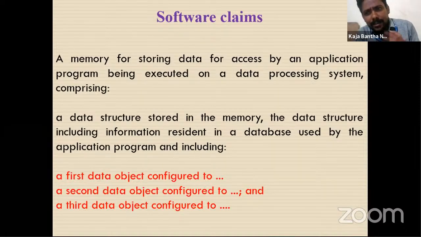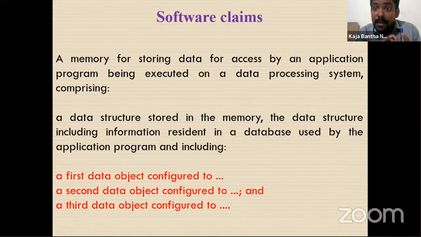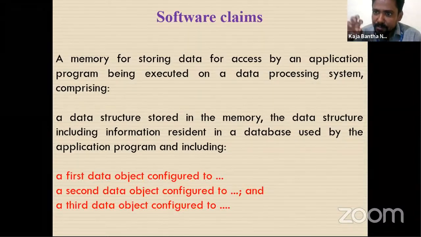I want to write a claim for my software. For example, a memory for storing data for access by an application program being executed on a data processing system, comprising a data structure stored in the memory, the data structure including information resident in a database used by the application process, including, note it sir in this place, a first data object is configured.